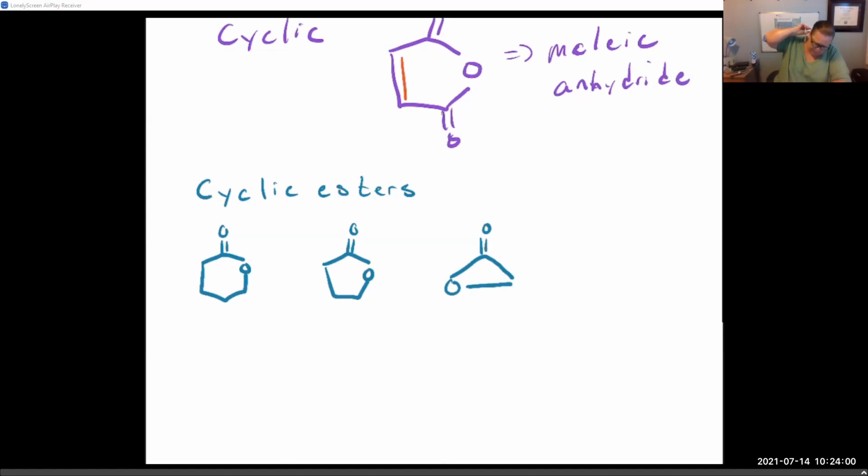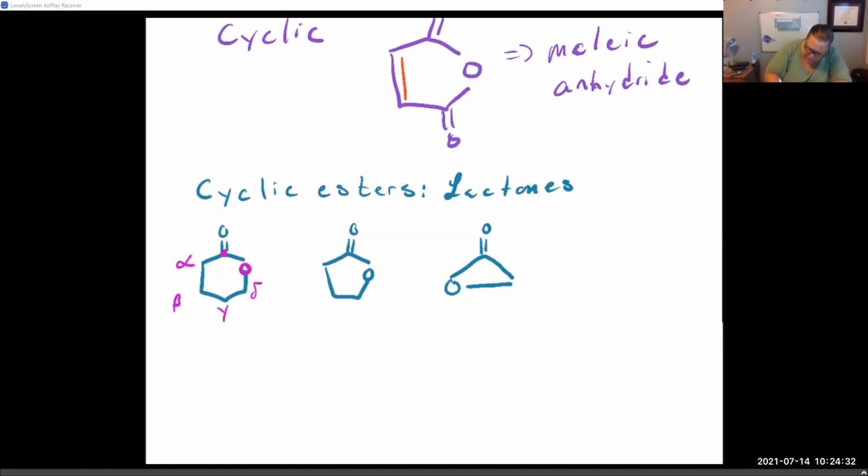Of course, the ring sizes can vary, but when they're cyclic esters, they're called lactones. What we do is we count from the carbonyl, away from the oxygen atom. So we don't count the oxygen atom, and we call them alpha, beta, gamma, delta.